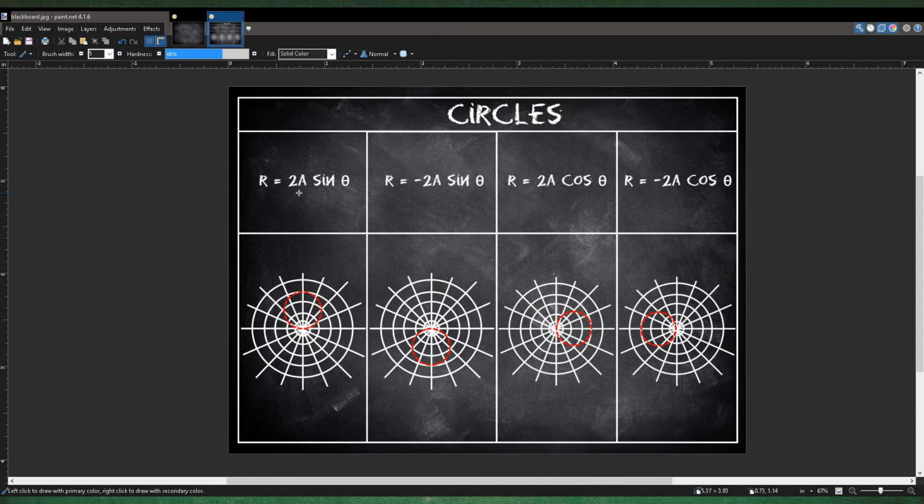It's just going to stay positive. And if you put a negative in front of it, it's just going to flip to the other side. And cosine is usually positive also, so you put positive right here, and if it's negative, just flip it to the other side. That's how you basically memorize it.